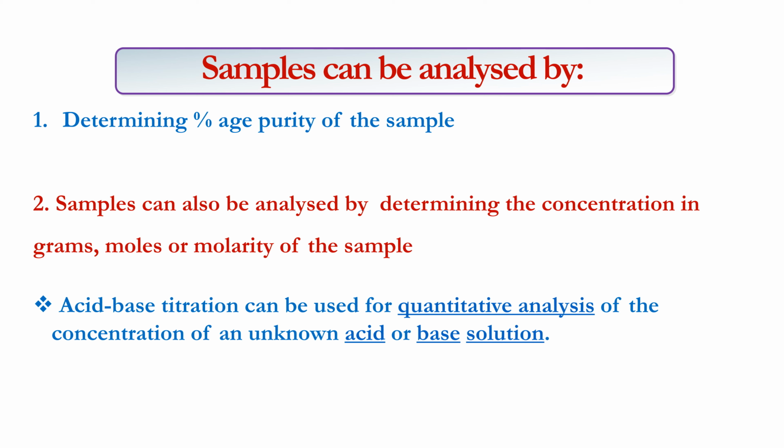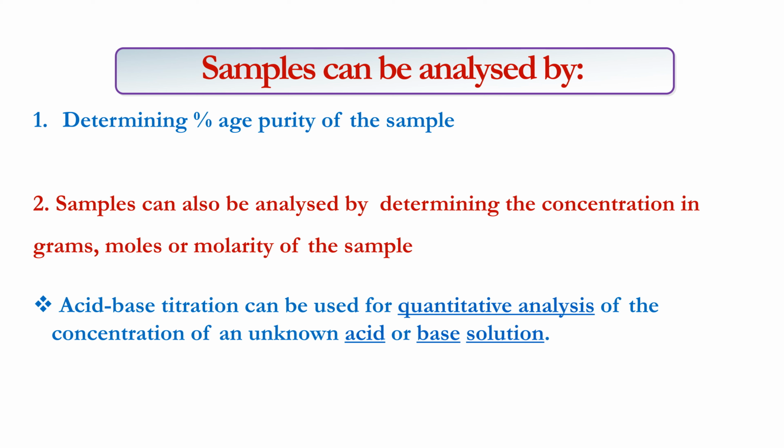Another way of analyzing samples in the lab is by determining the concentration in grams or moles or molarity of that sample. So, an acid-base titration is used to determine the concentration of an acid or base by exactly neutralizing the acid or base with an acid or base of known concentration.